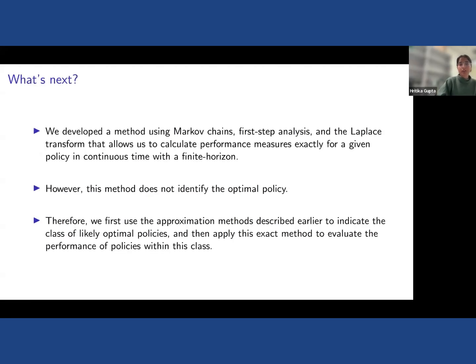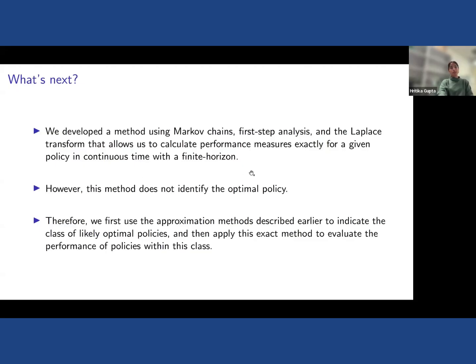So next, we developed a method using Markov chains for step analysis and Laplace transform that allows us to calculate performance measures exactly for a given policy in continuous time with a finite horizon. However, this method does not identify the optimal policy. So identifying the optimal policy is the first part of my research, and the next half is to evaluate those optimal policies.